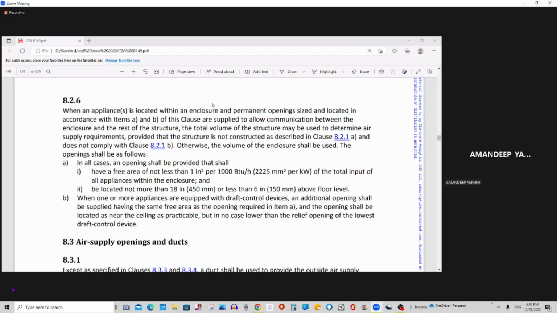B. When one or more appliances are equipped with draft control devices, an additional opening shall be supplied having the same free area as the opening required in item A, and the opening shall be located as near the ceiling as practicable, but in no case lower than the relief opening of the lowest draft control device.